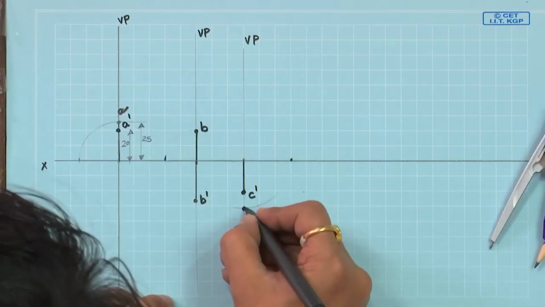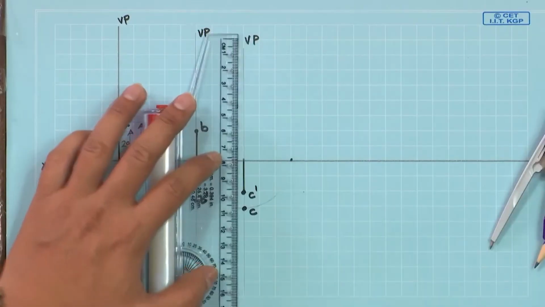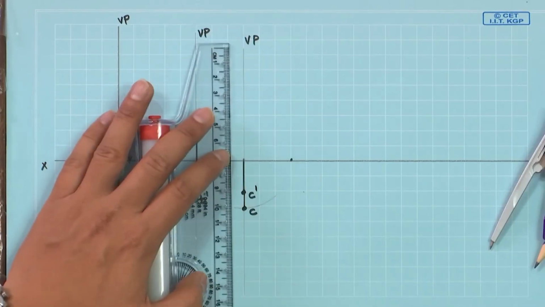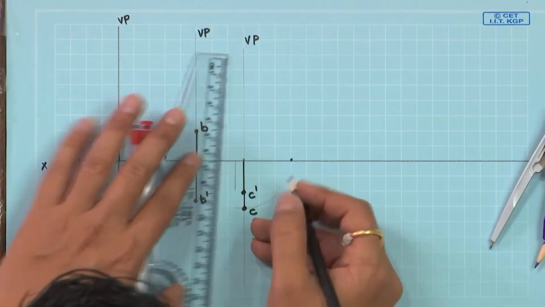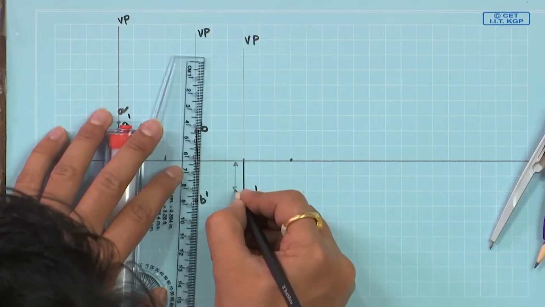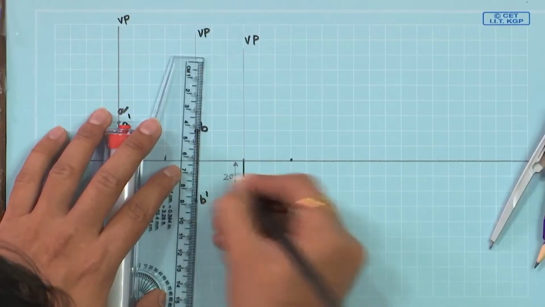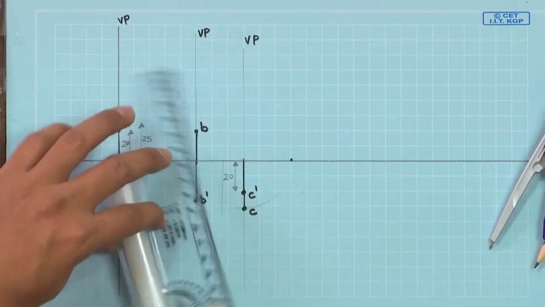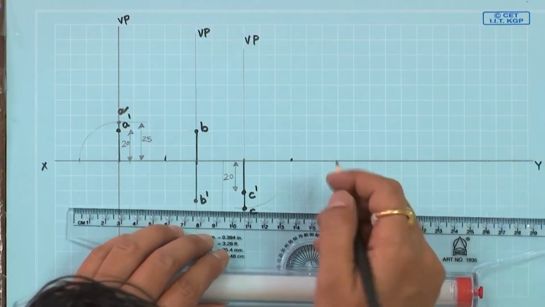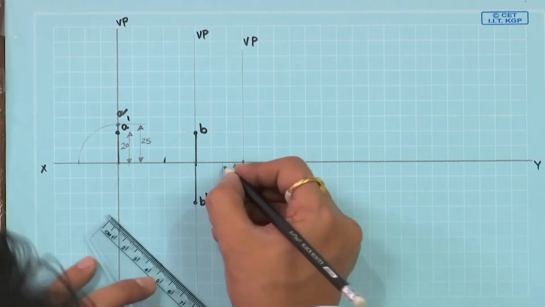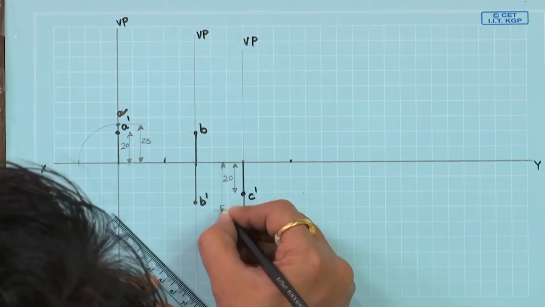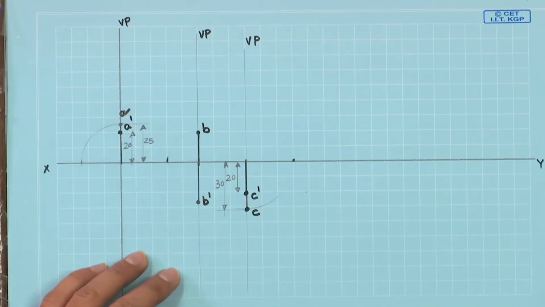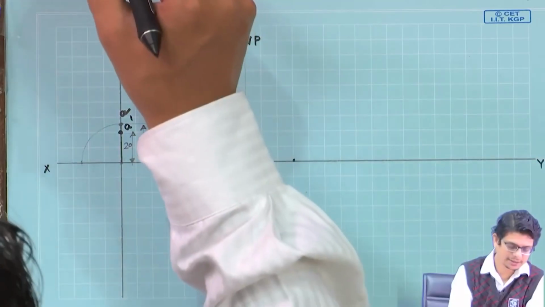Then we will have the C point also. Once it is done, we can always make dimensions: this one 20 mm below and this one 30 mm. This is the way we construct projections of points.